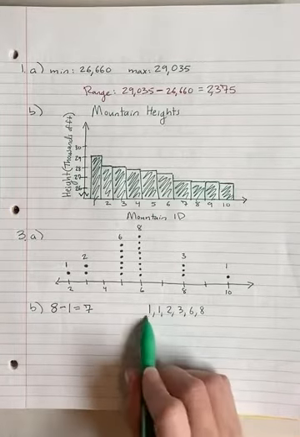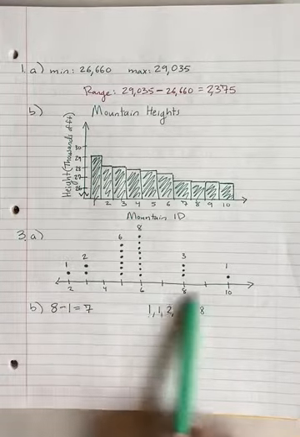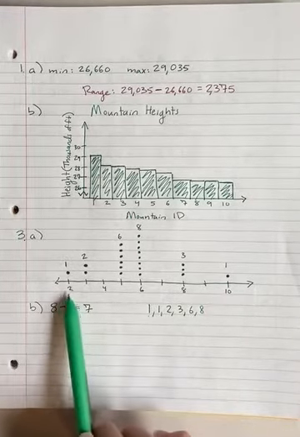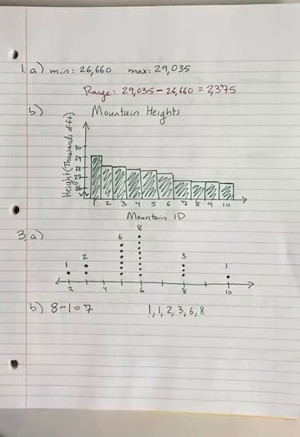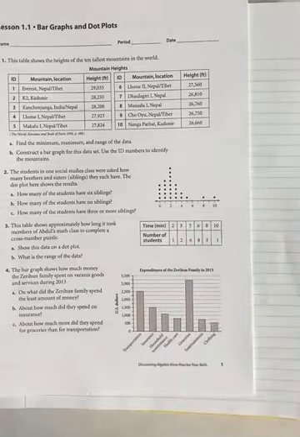Right? So I just took 8 and subtracted 1 to get 7. And I know it's kind of confusing because you might think, well, why isn't it the time numbers? Why is it the number of students numbers? But here we're looking at these numbers, not these numbers, when we're trying to find the range.